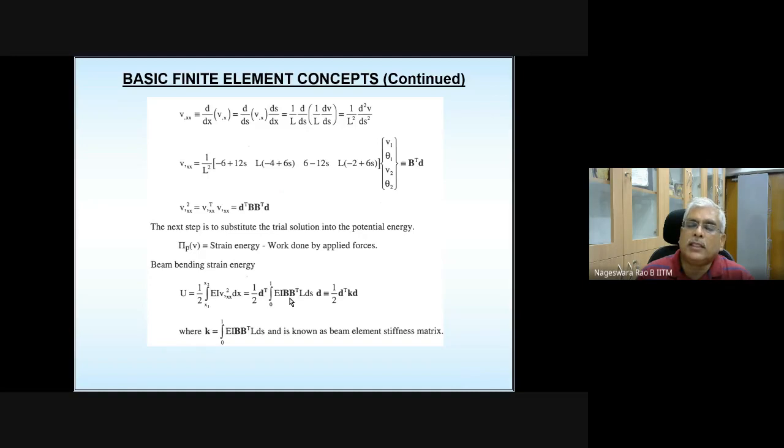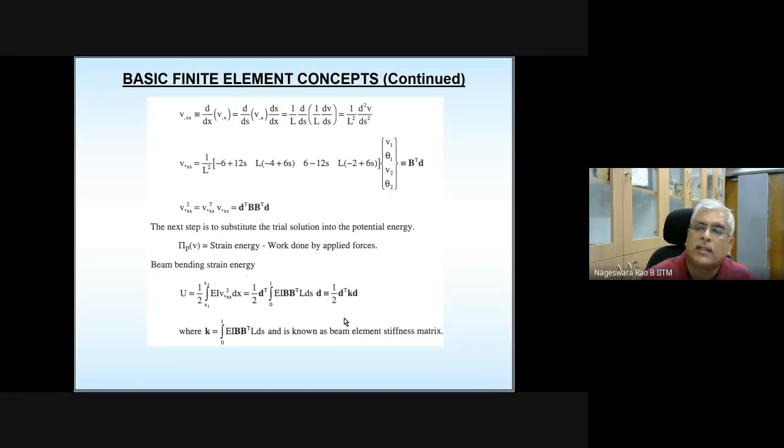Since it is quadratic, you can use even 2-point integration. And if EI are not constant, then you can put them inside the integral. Then the degree of the integrand may be something else instead of quadratic. Okay, so this is the first term.